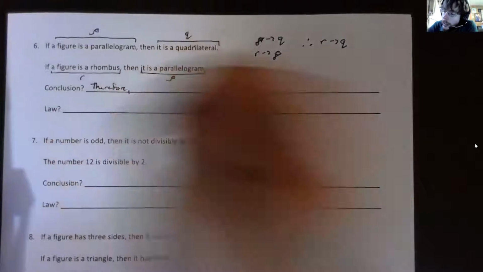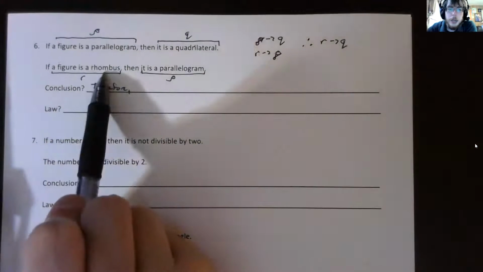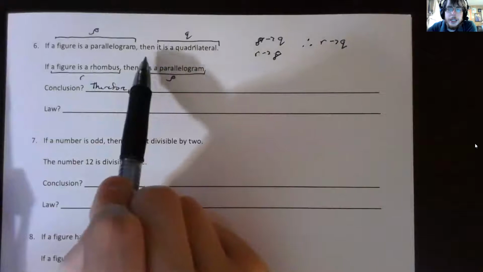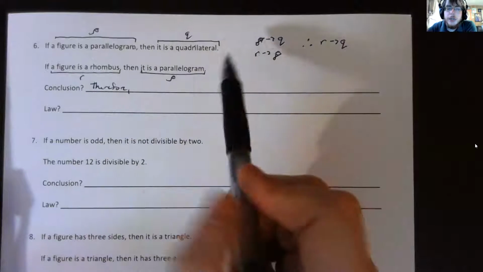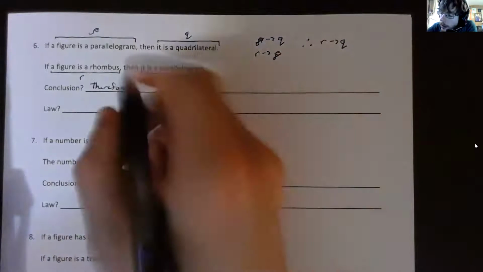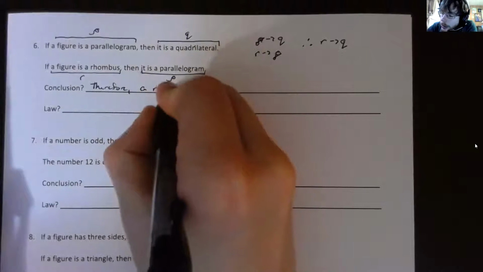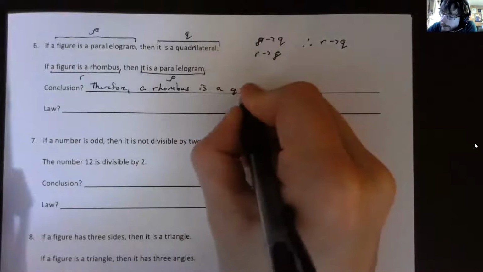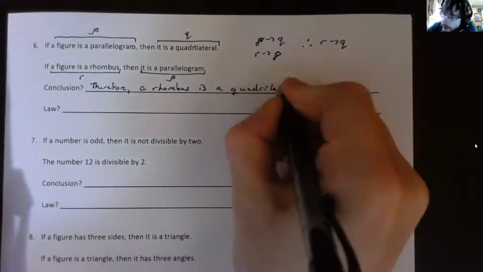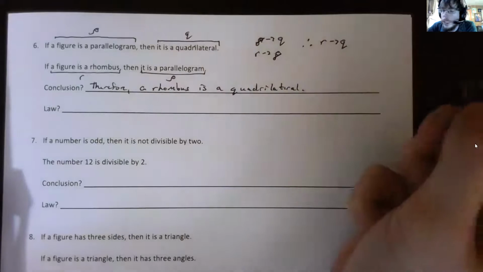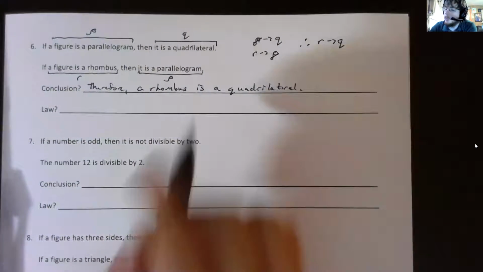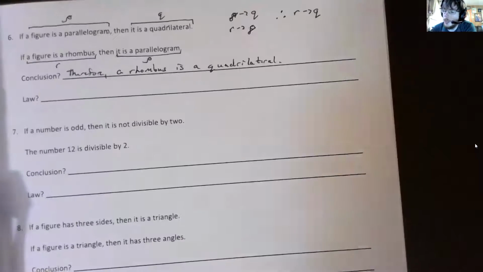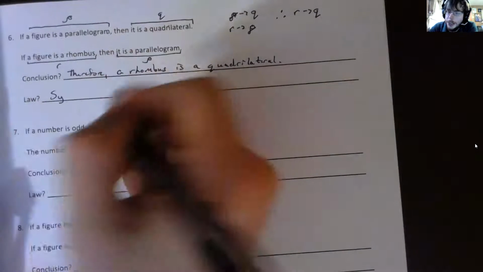Now R says a figure is a rhombus, and it says then it is a quadrilateral. So you could write this simply as, therefore, a rhombus is a quadrilateral. You could also write it with the if-then statement. This means the exact same thing. And the law would be syllogism.